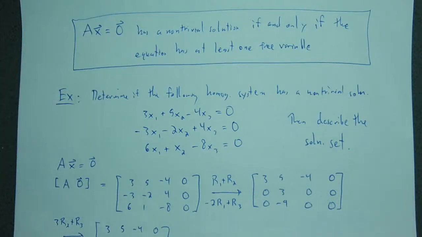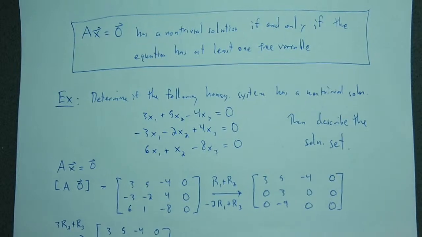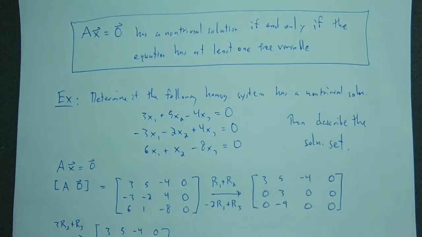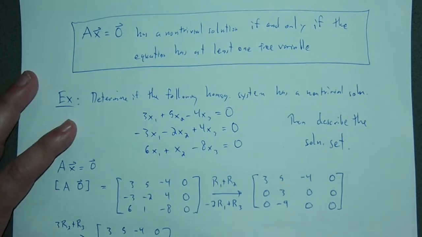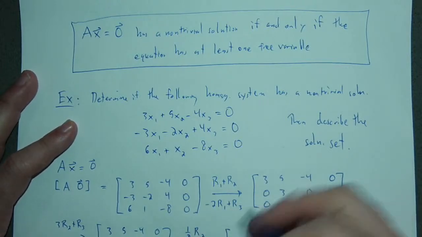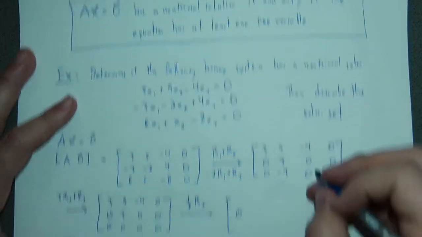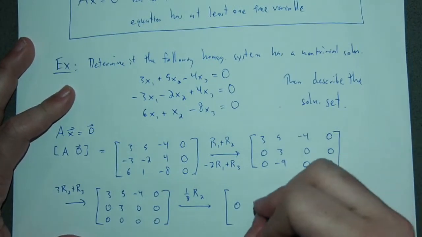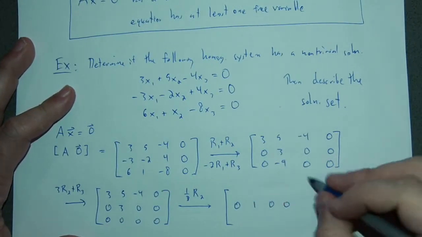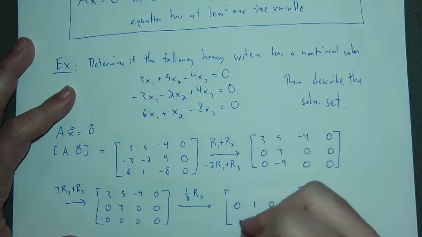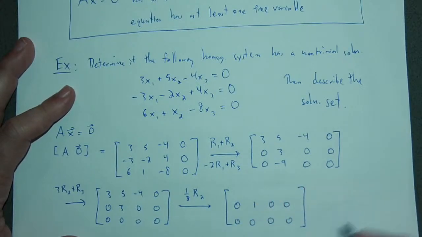I can then scale this to be 1 if you like, so I'll do that first. This is 1/3 times row 2. That leaves me with, in row 2, 0, 1, 0, 0. My third row is all zeros.